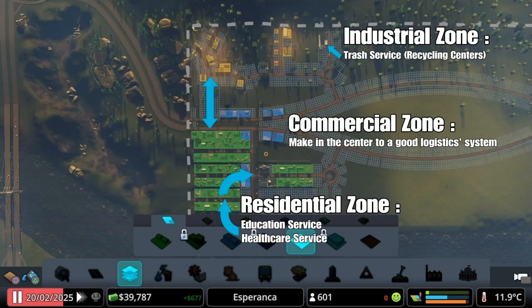Nothing is worse than zoning and no one wanting to live in your city, right? So do a good job to increase your demand bars.